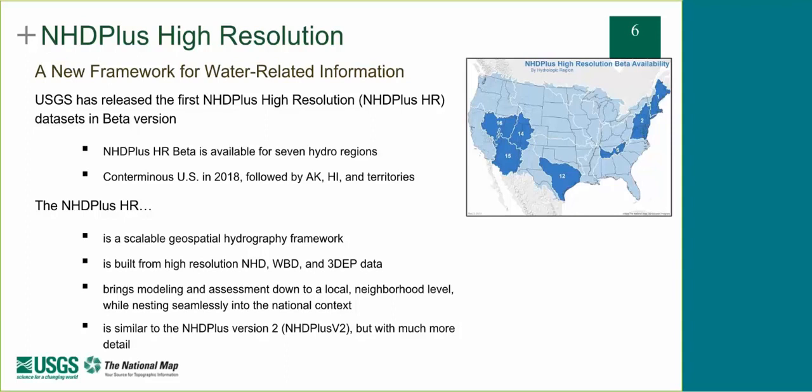And it really brings modeling down to a very local neighborhood level, but still allows us to nest all of that information into a national context, and it's a connected national network. It is very similar to the NHDPlus version 2, if you're familiar with that, but it just has a lot more detail, a lot more detailed input data sets and output data sets. So next slide, please.